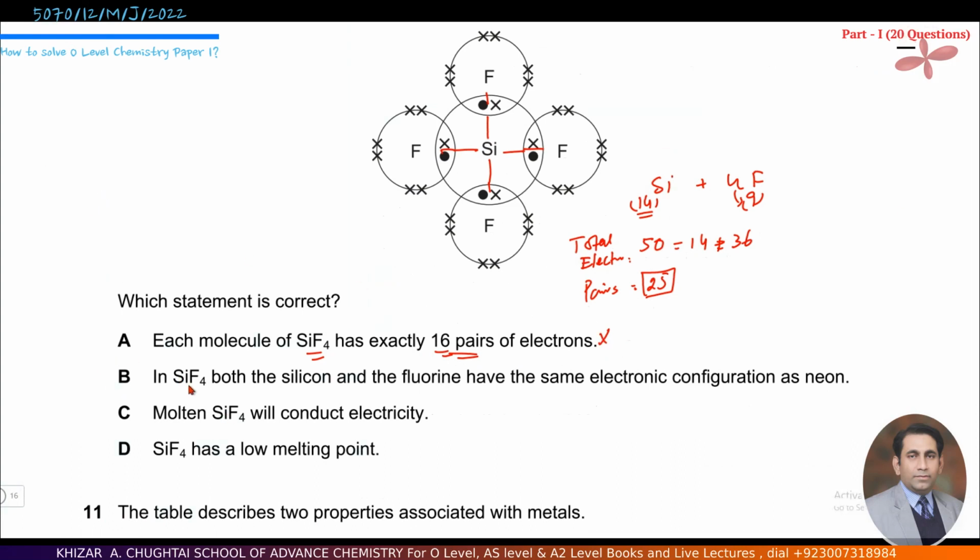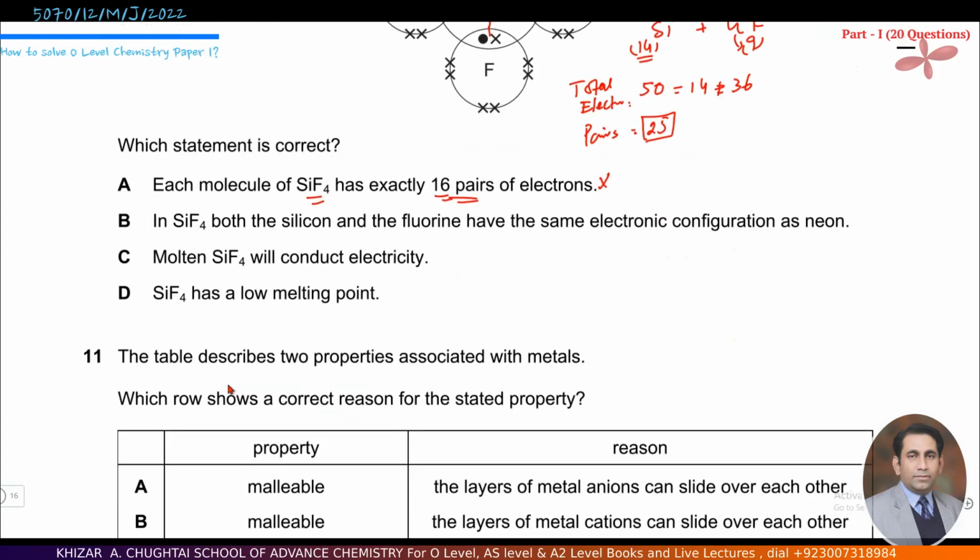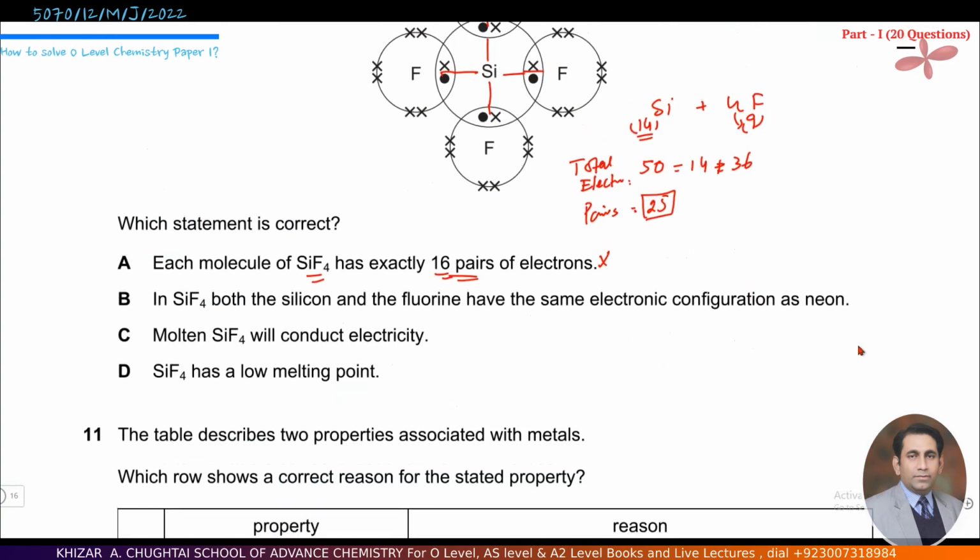The next one: in silicon tetrafluoride, both silicon and fluorine have the same electronic configuration as neon. Neon has a total of 10 electrons, two in the first shell and eight in the last shell.